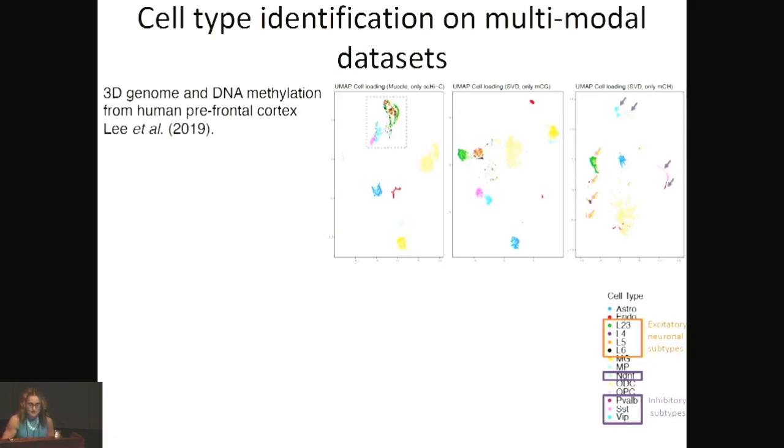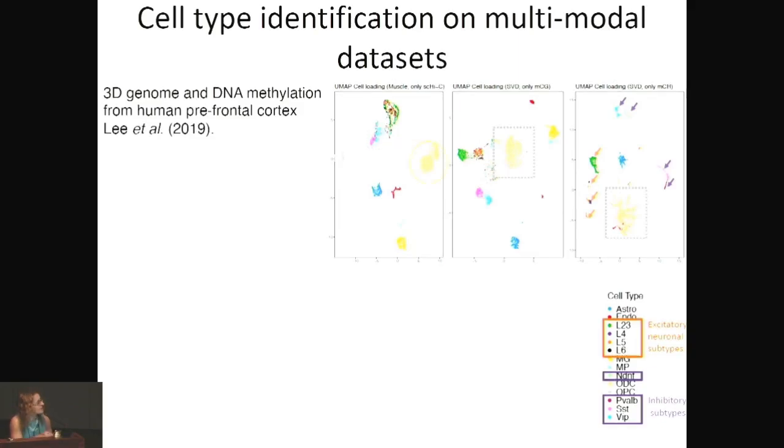First, we see that if you just use the scHiC component, the subtypes of neurons are hard to separate, but non-CpG methylation actually does a pretty decent job of separating these.